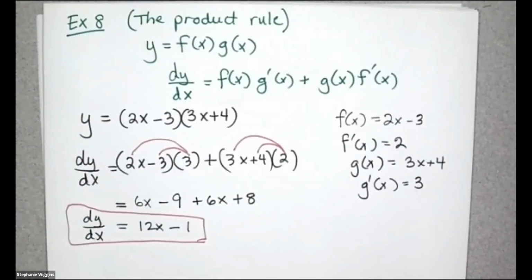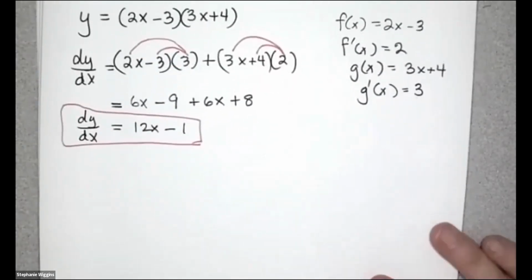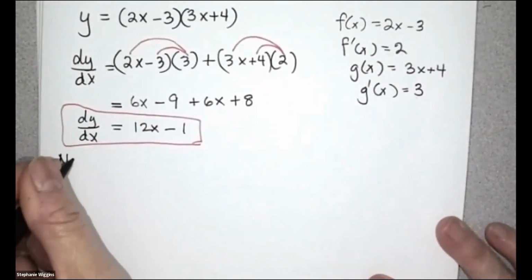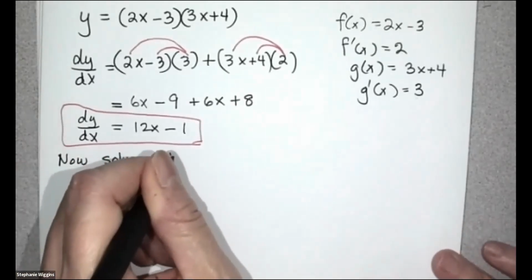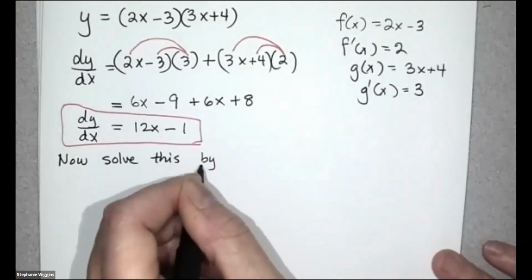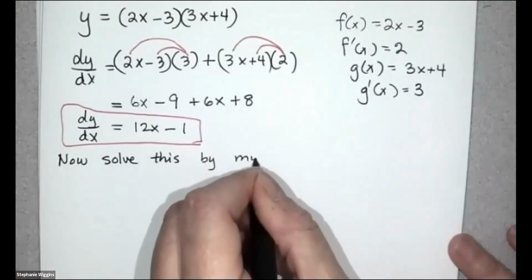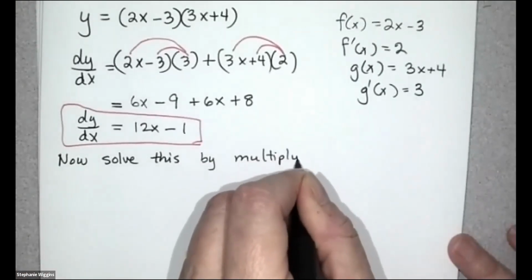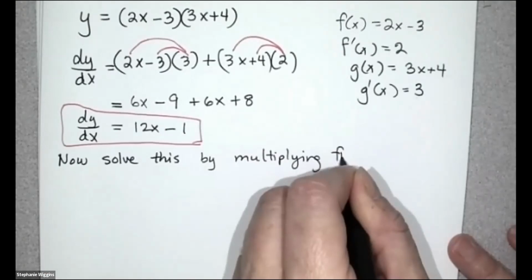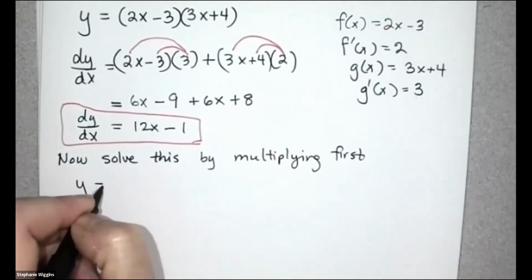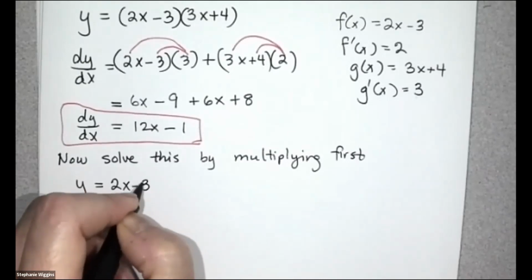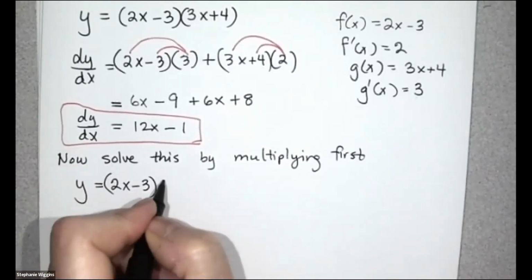So our original function, of course, is 2x minus 3 times 3x plus 4.